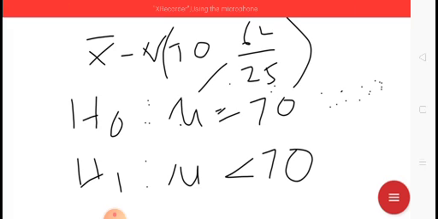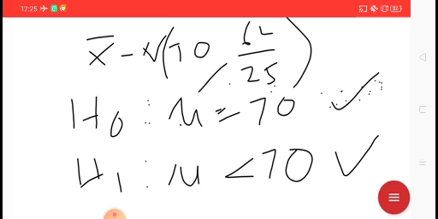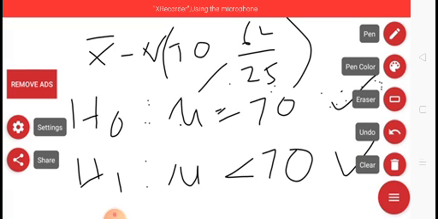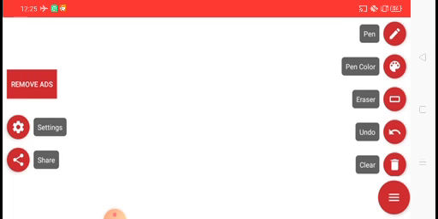Once you have the parameter, the null hypothesis H naught, and the alternative hypothesis, now you can start to test. You can directly go for the Z value.